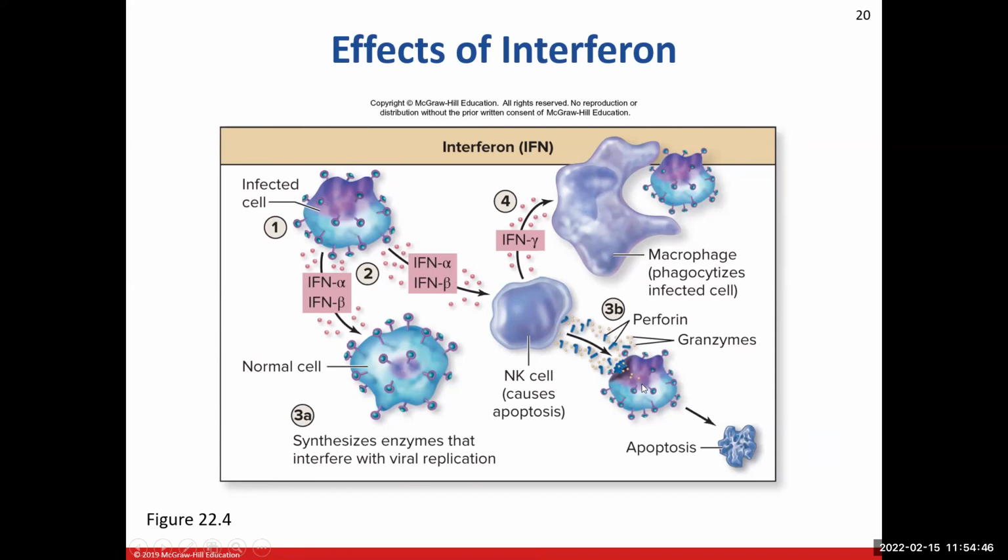It can go to work on that infected cell, releasing its chemotoxic agents, the perforin and the granzymes. We saw how it kills those cells through apoptosis, but at the same time, it can release gamma interferon, which will then cause macrophages to migrate to that area.